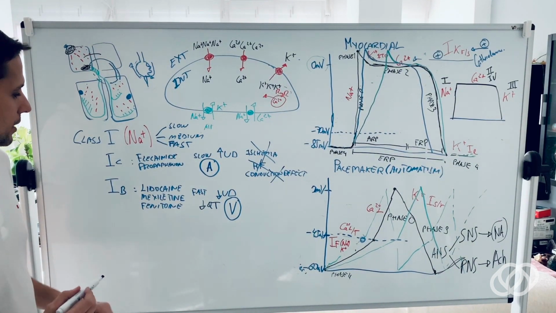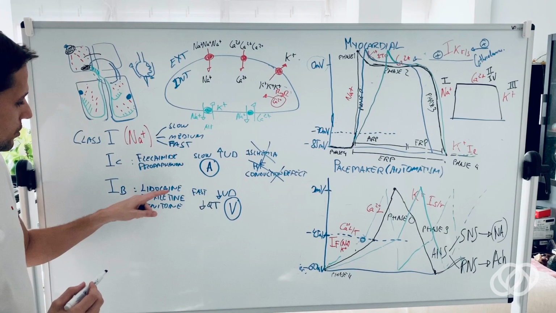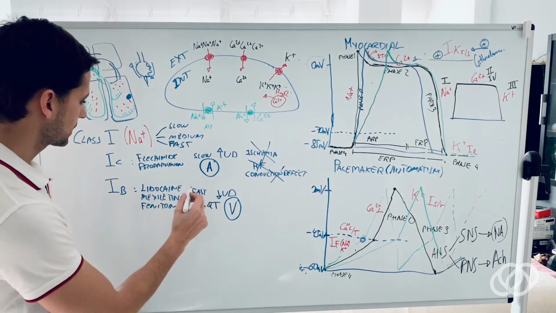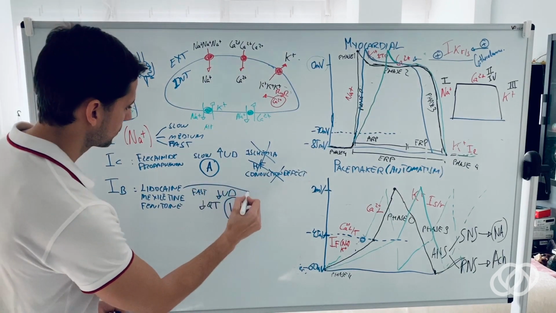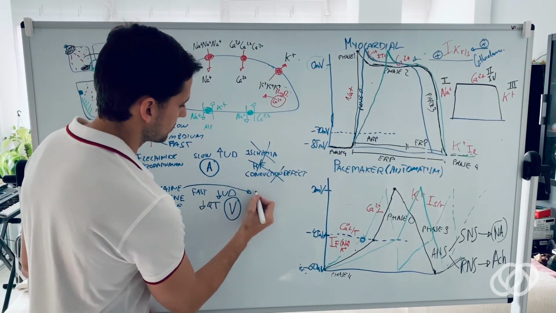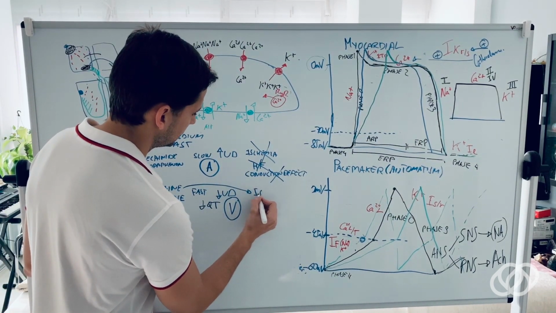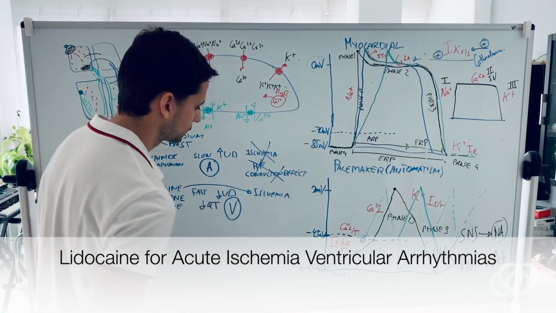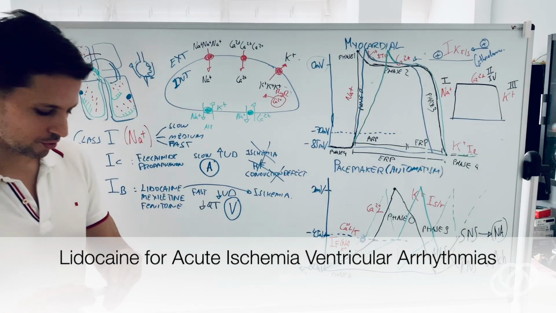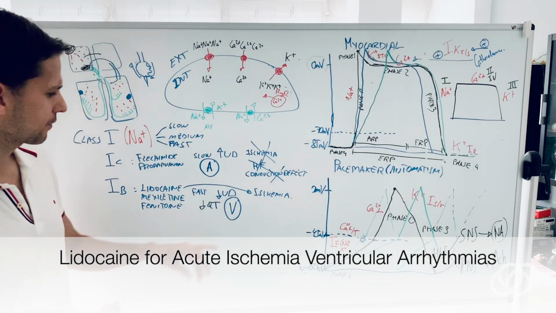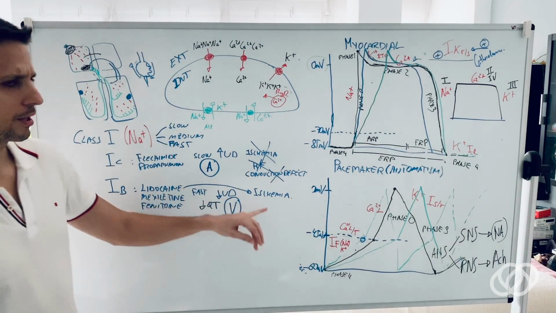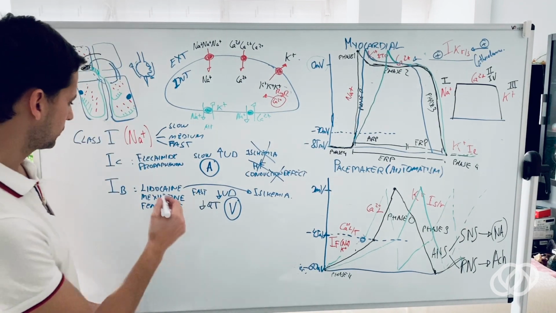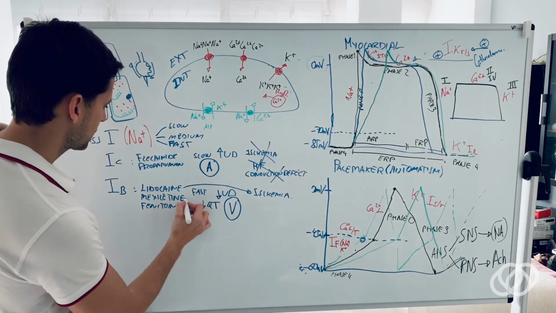So what do we use these drugs for? Well, lidocaine, for example, we usually use in ischemia. It's one of the most useful drugs for ventricular arrhythmias in the setting of ischemia, together with amiodarone. And we also have mexiletine.